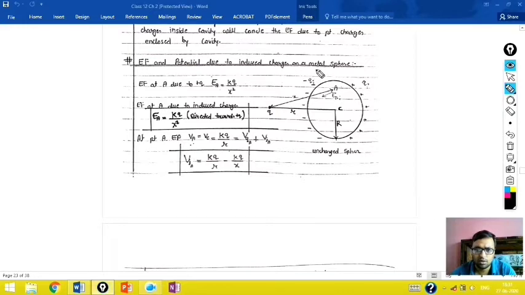You can understand from the diagram: suppose we are given a charge plus Q, and we have an uncharged sphere at a particular distance r from this point charge Q. The sphere's center is C, and at a distance r from its center there is a charge plus Q kept. One more thing is given: there is no charge on this sphere, and it is a metallic sphere.